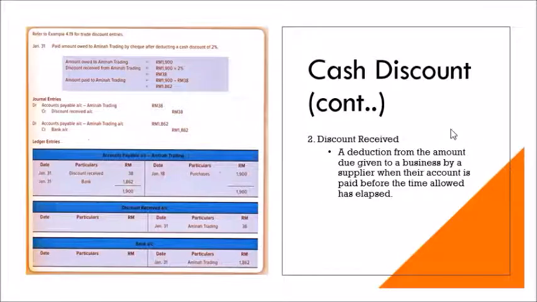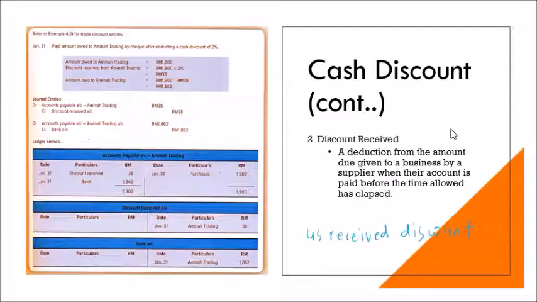So the next one is discount received, which is us receiving the discount from the seller, which is the supplier. Us receiving a discount. Okay, so this discount reduces our expenses.